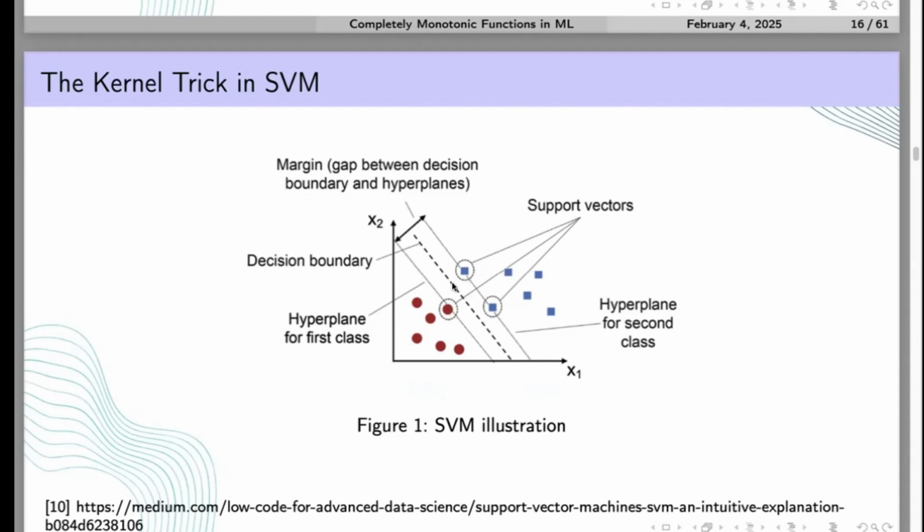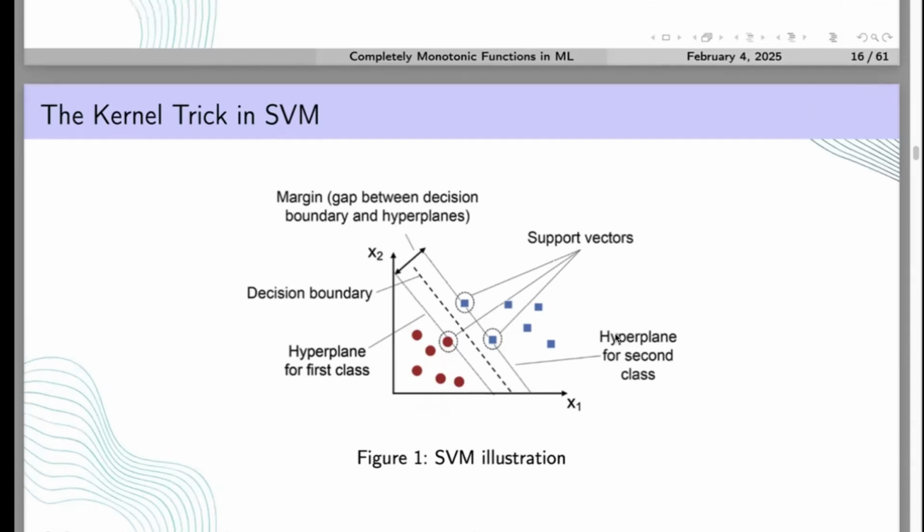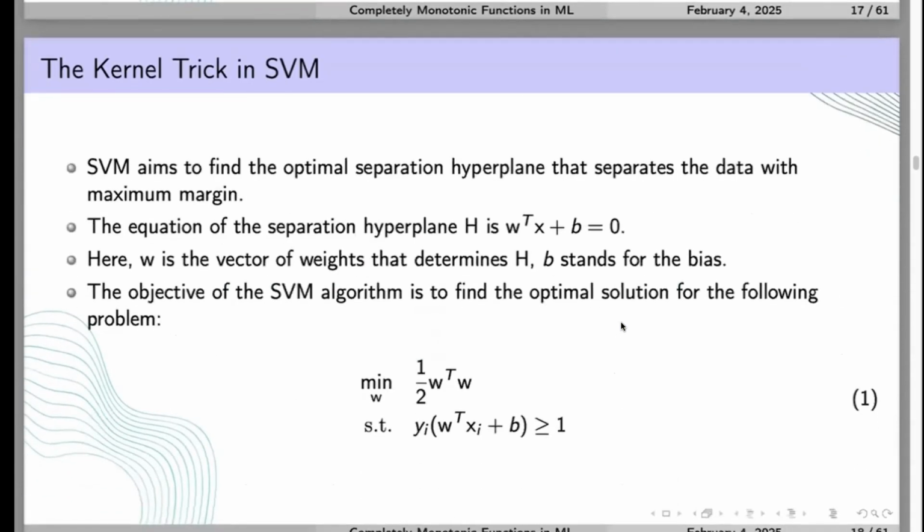And we want this margin to be as big as possible, as wide as possible, to have a robust, stable classification. But also, in the real world, this is not possible. There will be crossing nodes. So we will talk about it later.